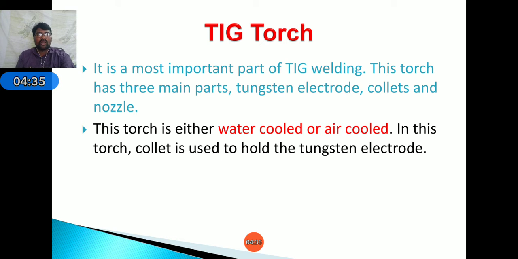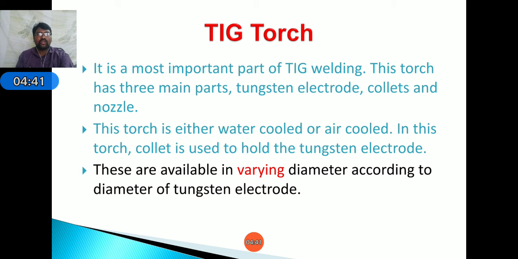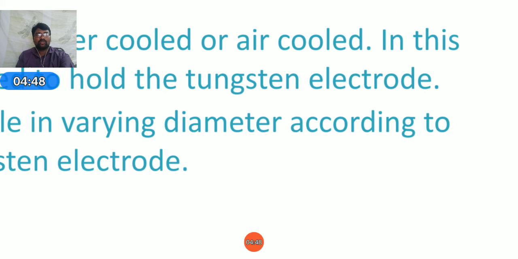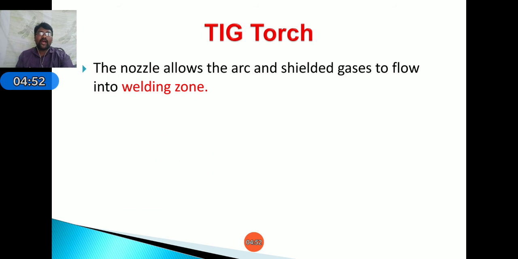The collet is used to hold the tungsten electrode inside the nozzle. These are available in varying diameters according to the diameter of the tungsten electrode. Next, the nozzle allows the arc and shielding gases to flow into the welding zone.